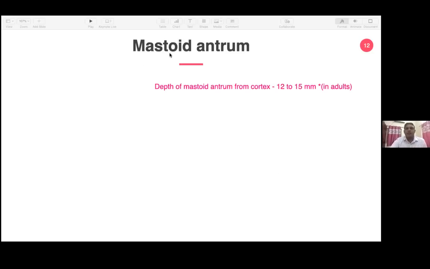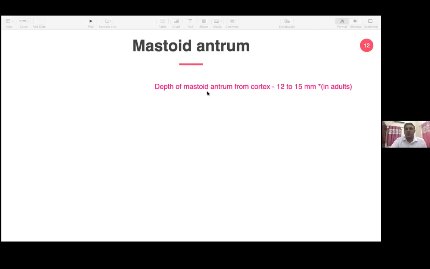Now, if one has to drill a mastoid cavity, a cortical mastoidectomy or a standard mastoidectomy, you are going to need to know how deep you will get to the mastoid antrum, which is the most common and the biggest mastoid air cell. That is called the mastoid antrum, which leads to the aditus ad antrum.